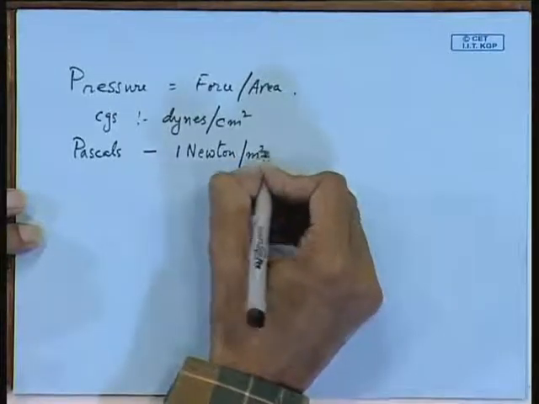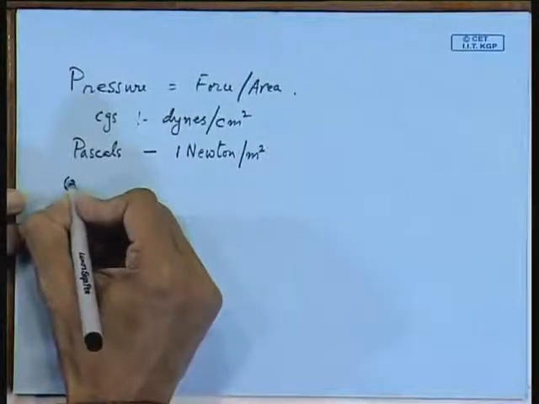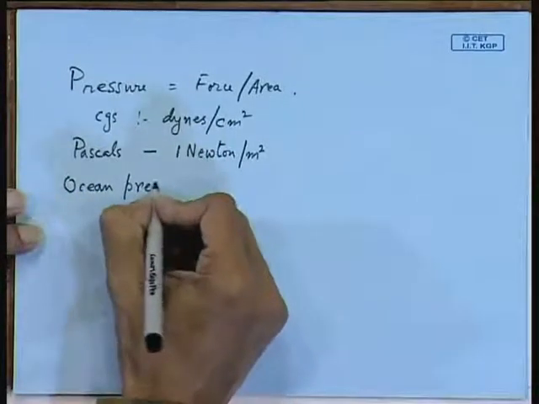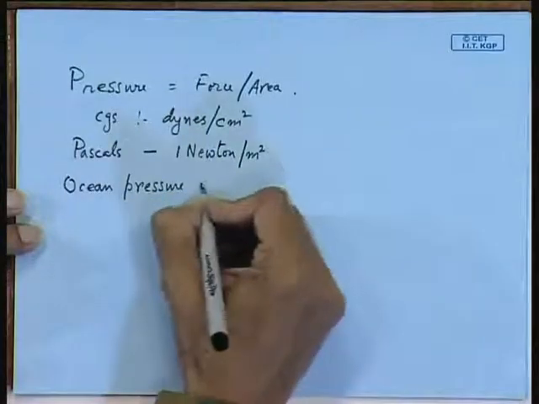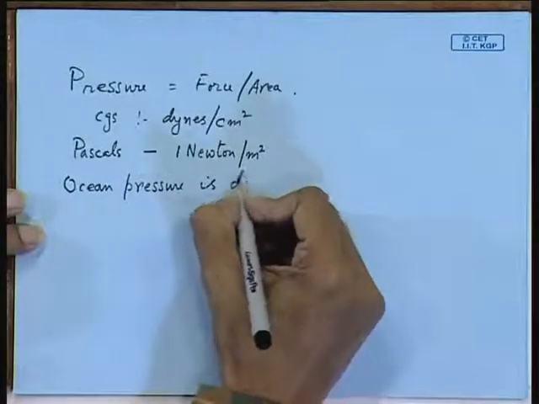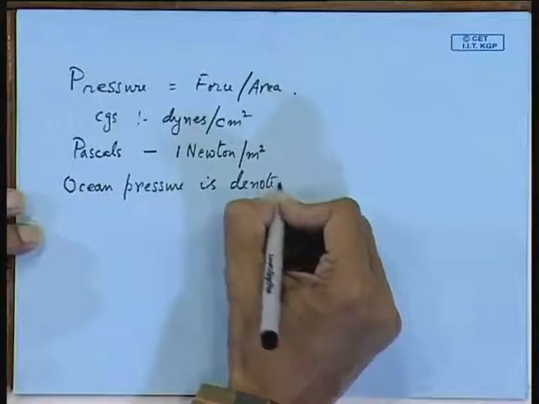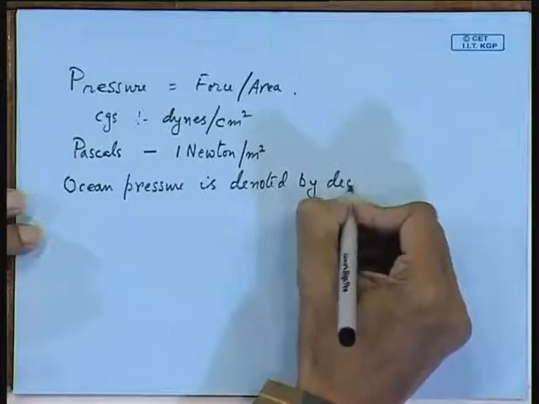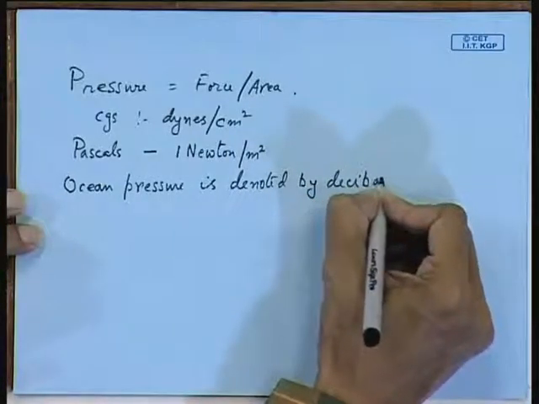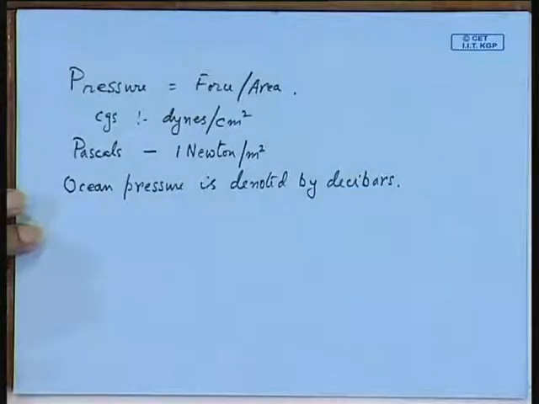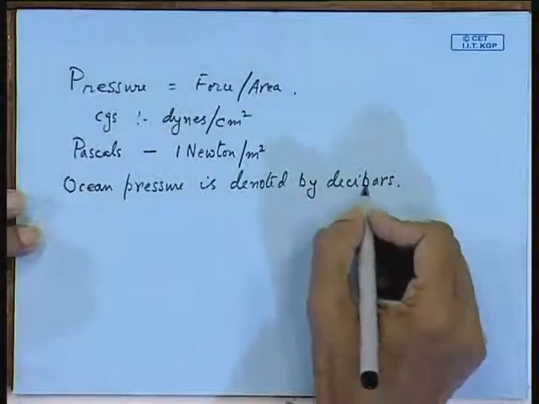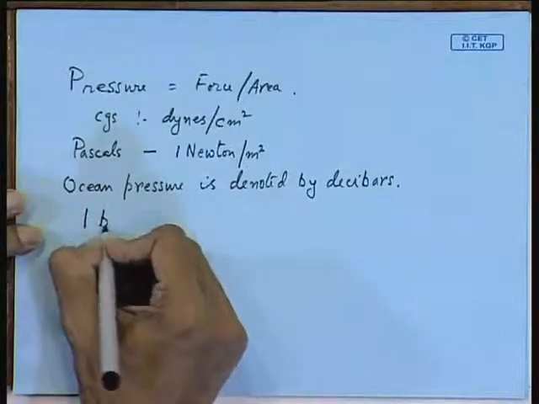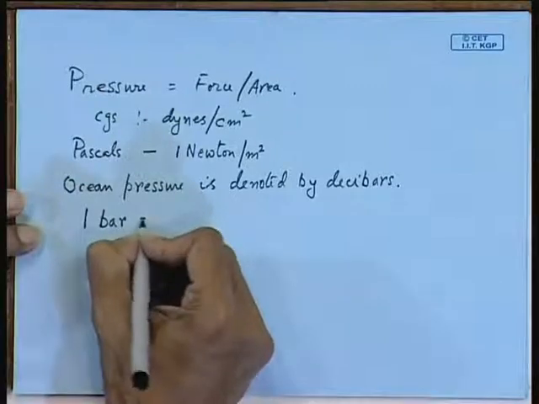Now, pressure in the ocean. Ocean pressure is denoted in decibars. So, this is the unit of pressure by which oceanographers are familiar. It is denoted by decibar, and 1 bar is your 1 atmospheric pressure.